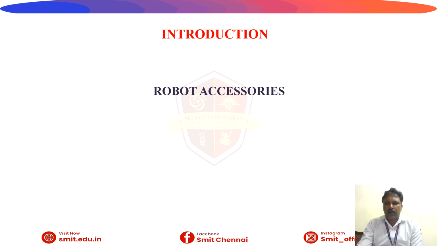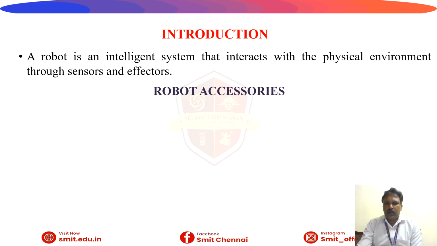Before that, I want to tell you about robot accessories, why they are needed, and what the purpose of accessories for a robot is. The first thing is, a robot is an intelligent system that interacts with the physical environment through sensors and effectors. Everywhere sensors are there. Without a sensor, nothing is possible.